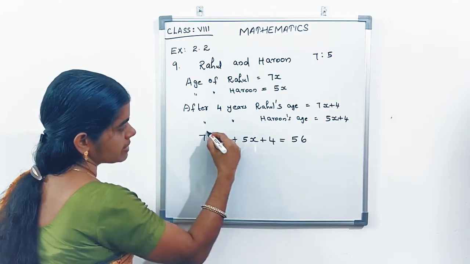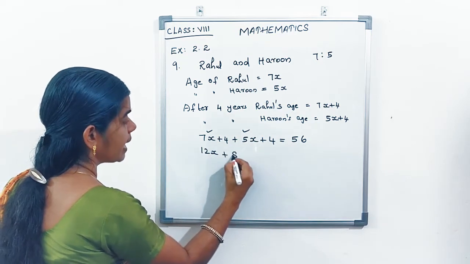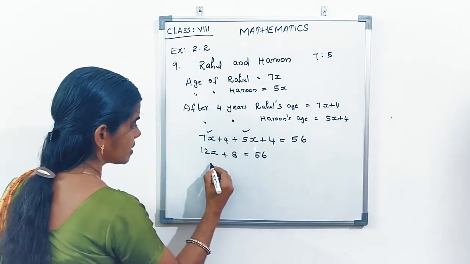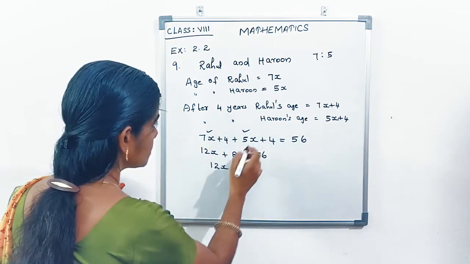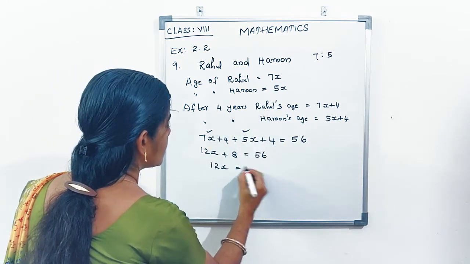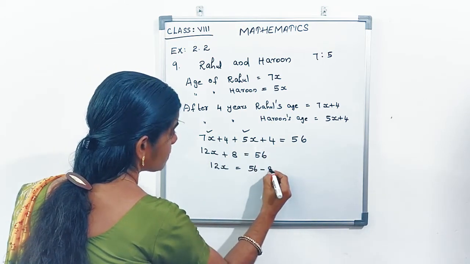7x plus 5x is equal to 12x, plus 8 is equal to 56. 12x is equal to 56. We are taking this plus 8 to the right side, that means minus 8.